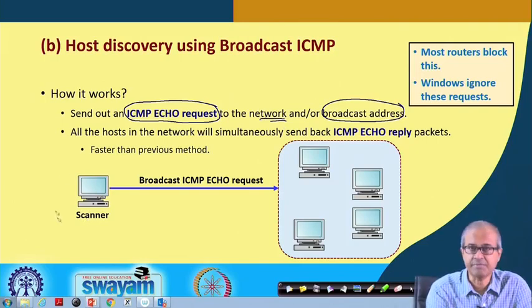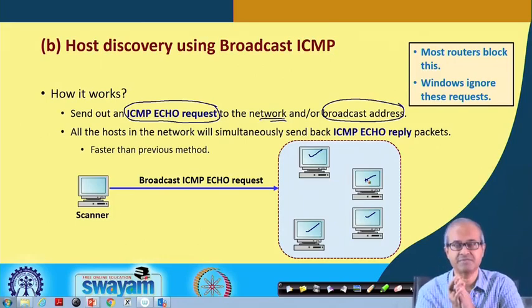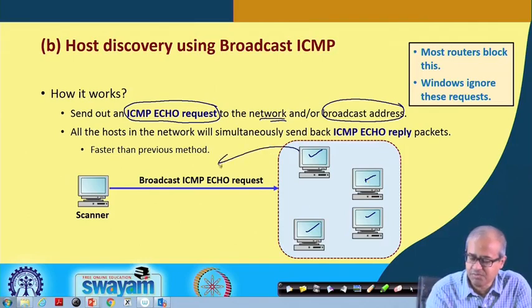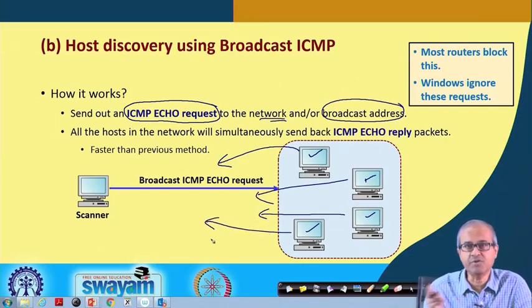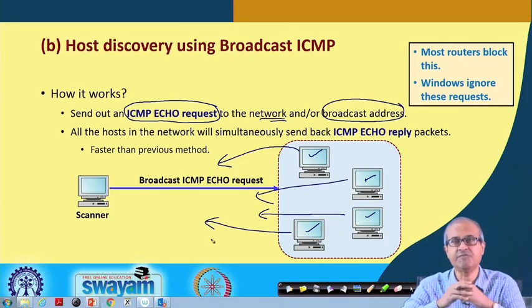The scanner, that means you sitting here, whatever echo request packet you send will go to all the machines at the same time. It will be a broadcast, and when this echo request packet reaches all the machines, all these machines will respond back. So, the scanner will receive all the responses at once, and we will get information about all the hosts all together.